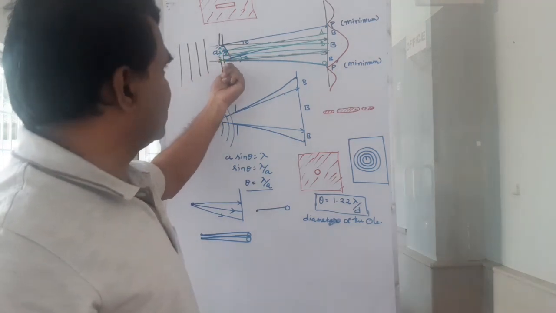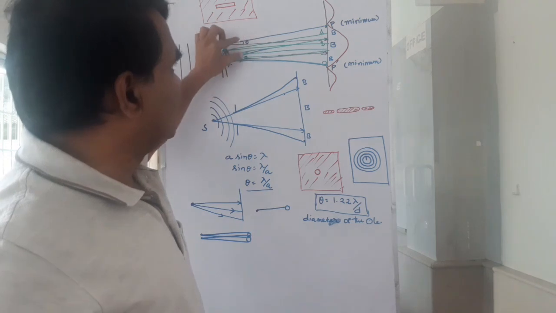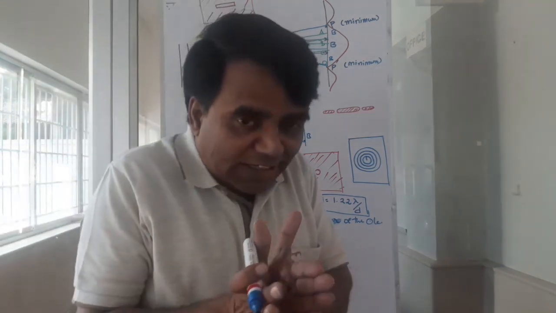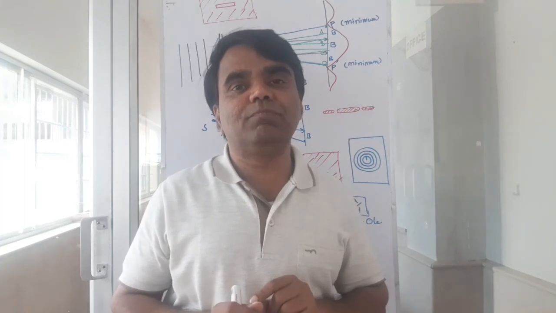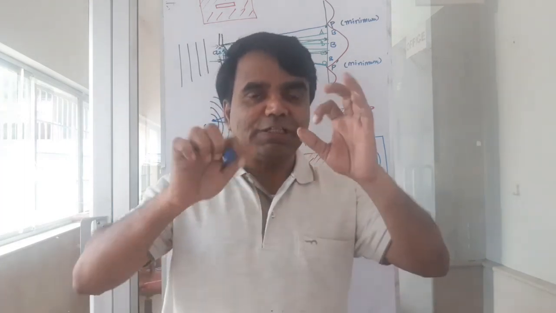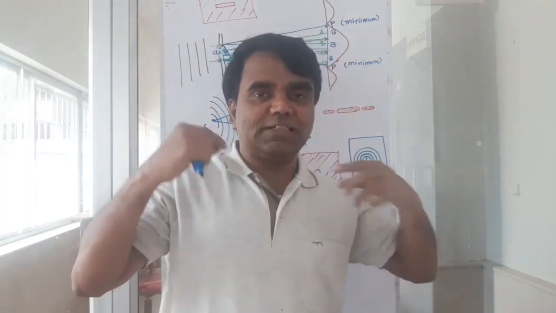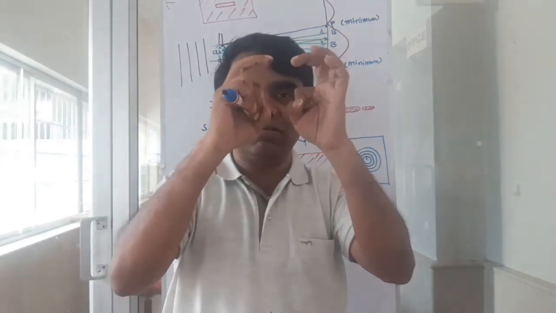If you decrease the lambda, then the theta will be small. If the theta is small, then the flare up will be small. It won't flare up very much.